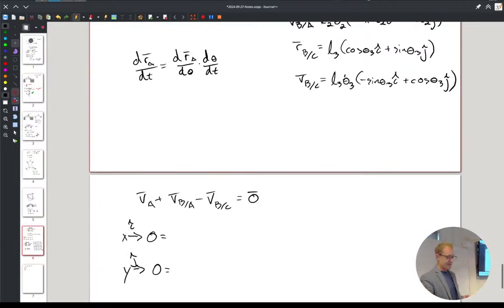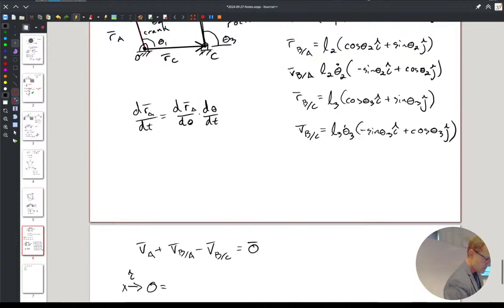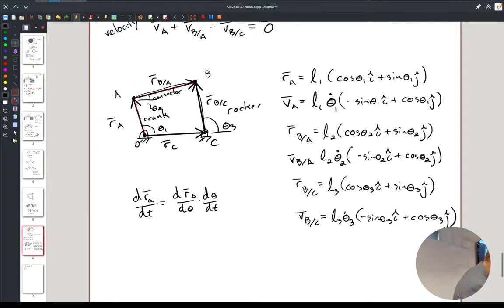So what I want to do now is take just the i components and set them all equal to 0. If I add up all the x directions, they all add up to 0. And if I add up all the heights, they all have to add up to 0. Might as well copy this one down.